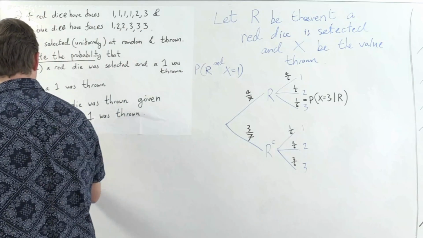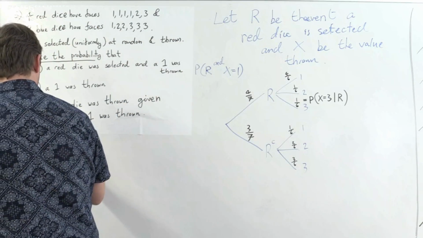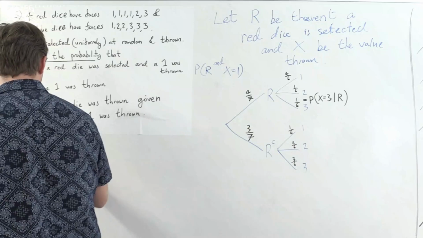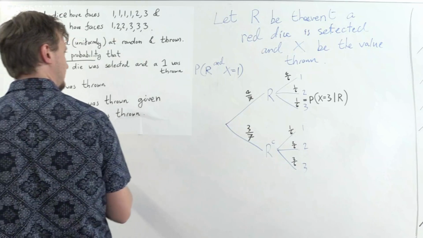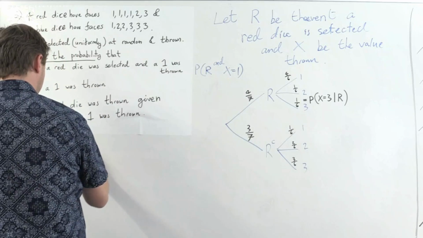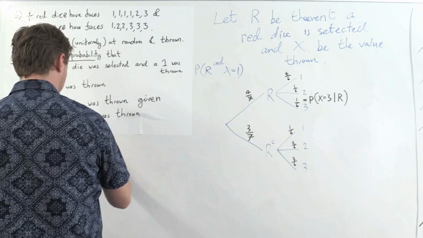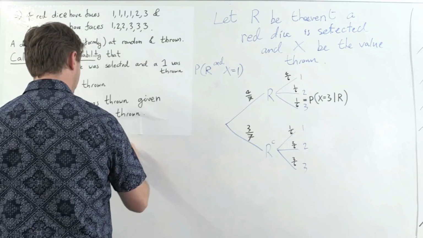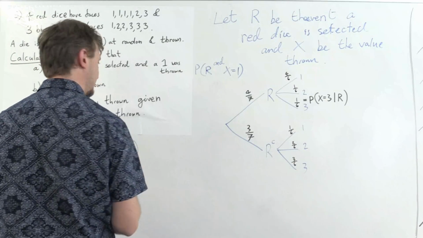So there's two ways to calculate this, and this is using what we call the law of total probability. Oh no, sorry, this is actually just a direct calculation. So we have the probability of selecting a red and throwing that dice and rolling a 1.